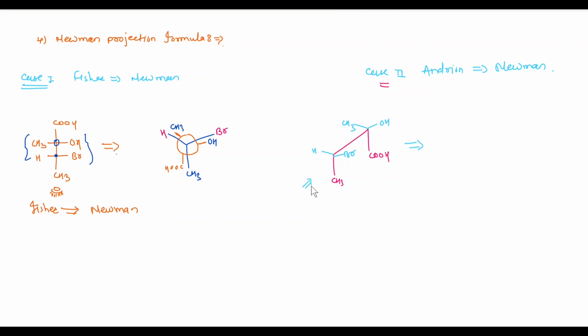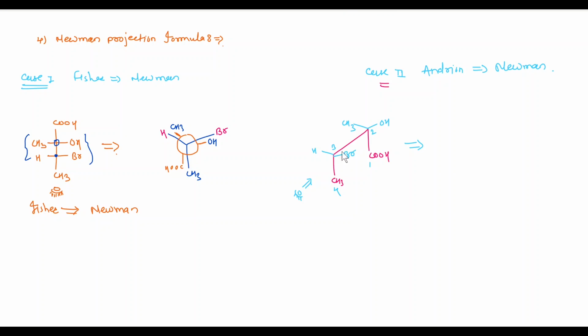Let us observe this molecule in this direction. Let us give the numbering to carbon 1, 2, carbon 3 and carbon number 4. Carbon number 3 is near to the observer and carbon number 2 is away from the observer.